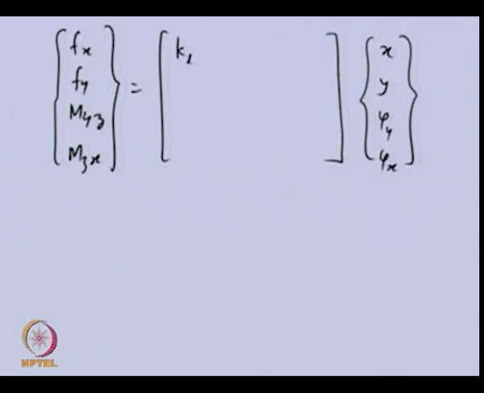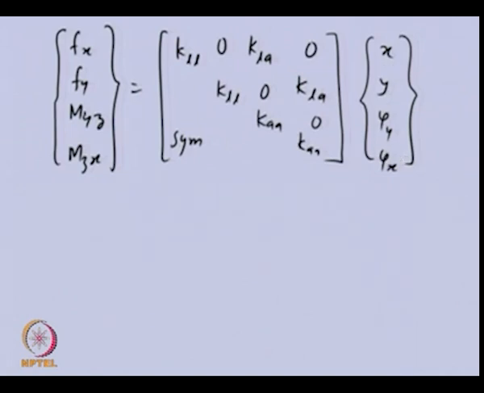So, this will be KLL, L for linear displacement or A for angular displacement. I am writing half of the matrix because this is symmetric. So, now we have related this particular vector through stiffness coefficients and the displacement vector.